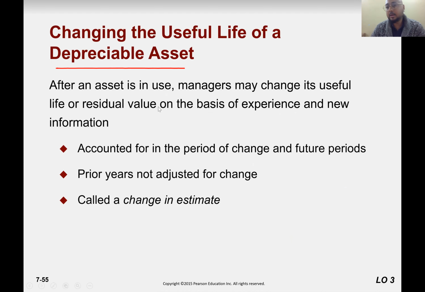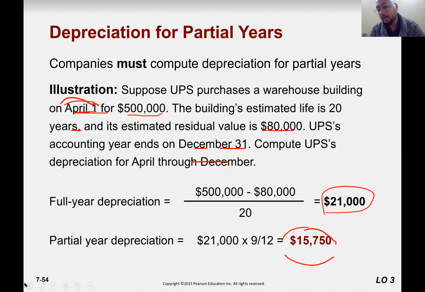So today's agenda, we finished what is depreciation, what is the cost, how we calculate the cost, plus how we calculate the depreciation under 3 methods, and what if we want to find out the depreciation for partial years, like 9 months, 6 months, how we are going to do that. The rest of the chapter we will finish in our next class.